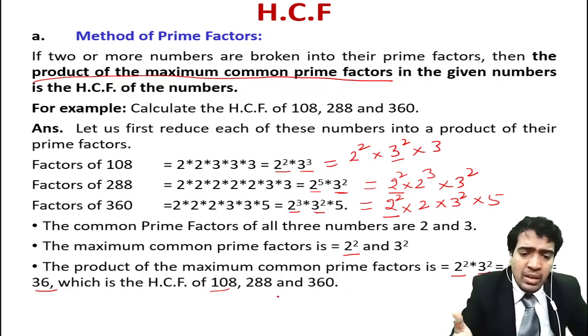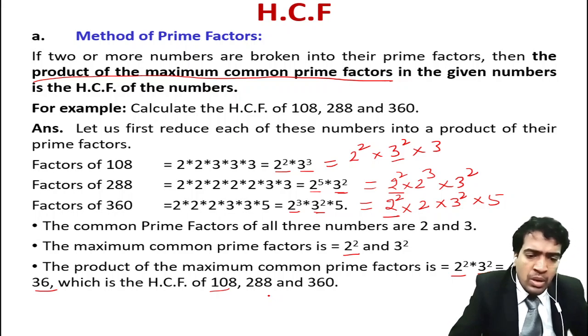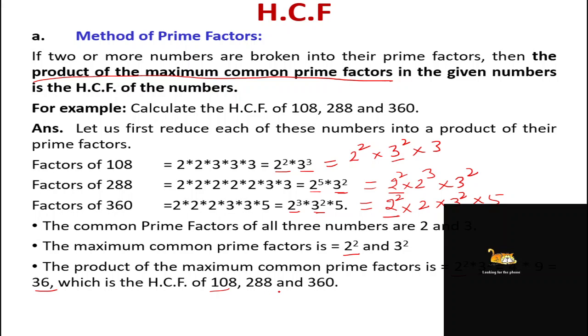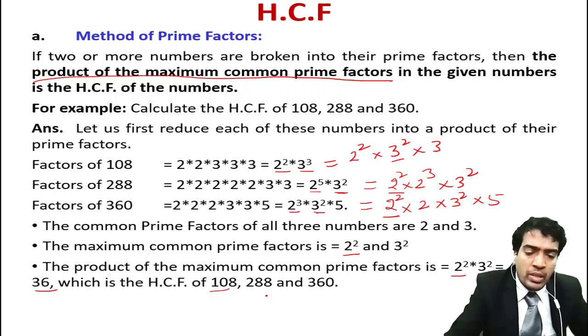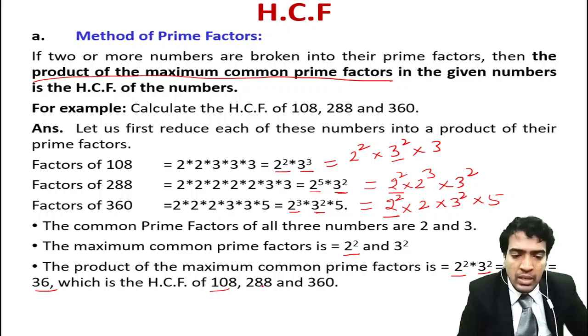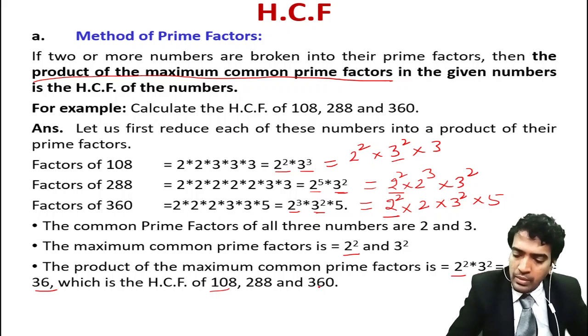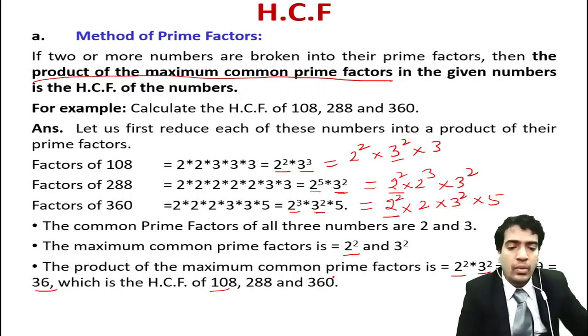Okay, so I think even the number 12 also. Yes, even number 12 also is a factor of all these 3 numbers. 12 nines are 108, 12 24s are 288 and 12 30s are 360. Is it so? Let us just verify that. Yes, 12 30s are 360, right?